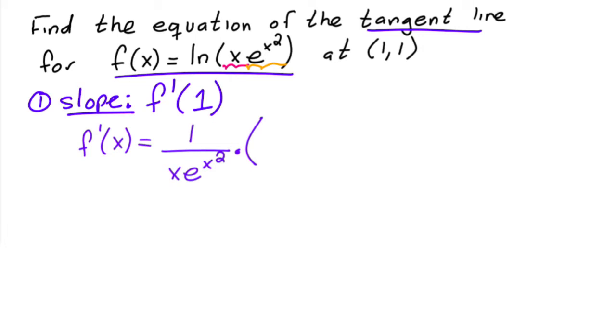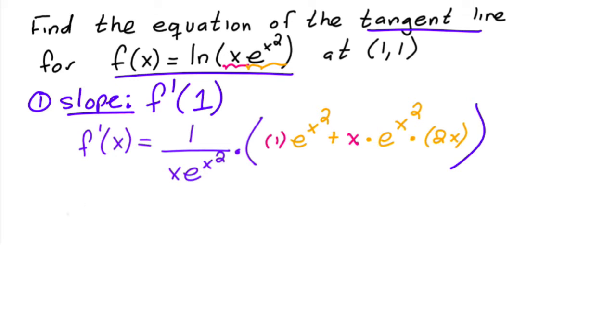So the derivative of the first, which is 1, times the second, leave it alone, plus the first, leave it alone, times the derivative of the second. Now the derivative of this guy, I have to use the chain rule as well. So that's going to be itself, e to the x squared, times the derivative of its inside, which is 2x. Okay, and then that's the derivative.